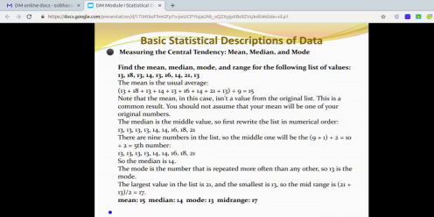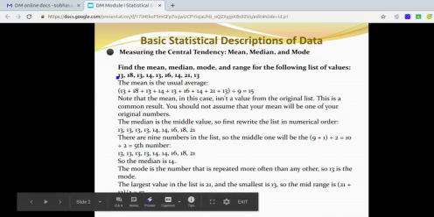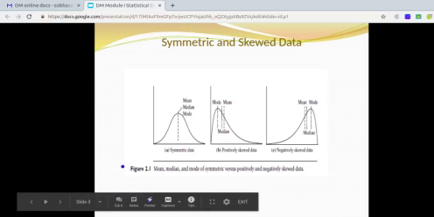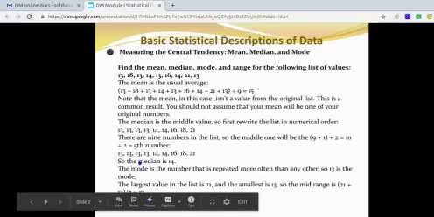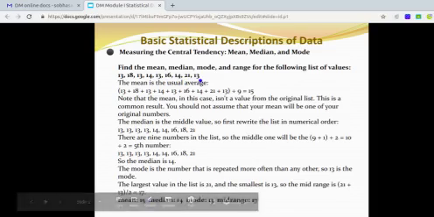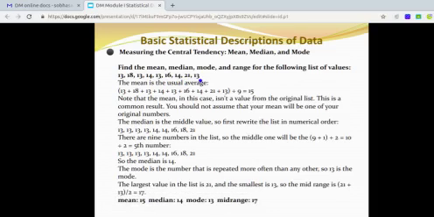In this example, you can see there are 9 observations, 9 data items: 13, 18, 13, 14, 13, 16, 14, 21, 13. So mean is very simple, it is the average. Sum total of the elements divided by number of elements present, 15.